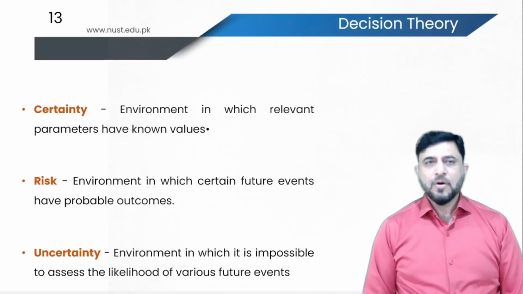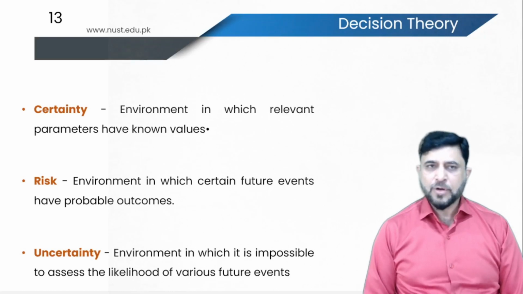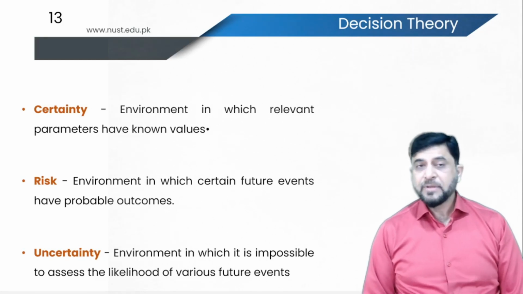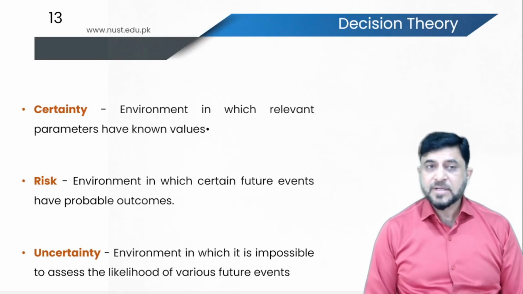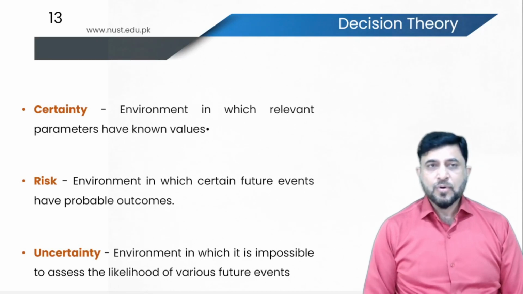Okay. Now, decisions can be made under 3 conditions, under 3 environments. One is certainty, second is risk, third is uncertainty. In the previous example, we have seen a possibility of risk, right? You were uncertain about the third egg, right? So certainty is an environment in which relevant parameters have known values. You know exactly what is there.